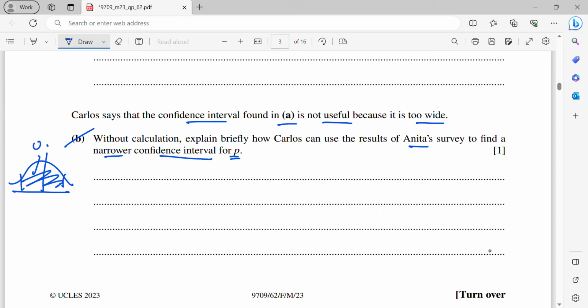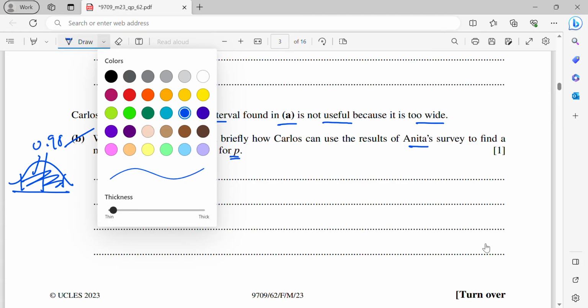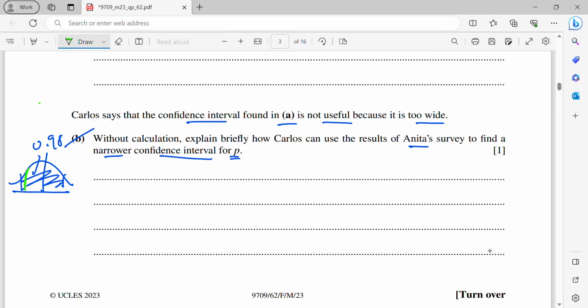If you need to get a narrower confidence interval, maybe we can just reduce the confidence level, right? That is one of the ways to do it. So I will just write: use a lower confidence level. Okay, so that is the solution of this question.